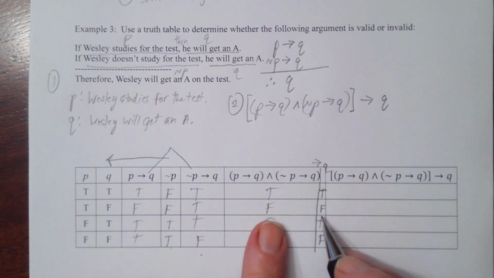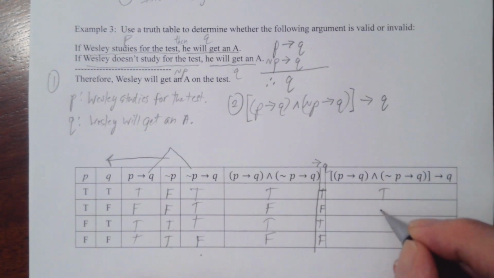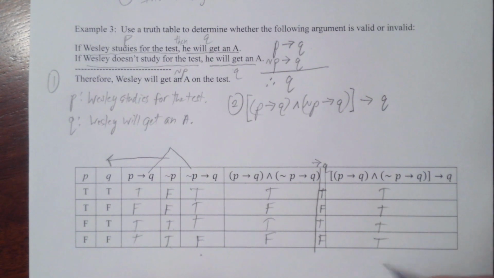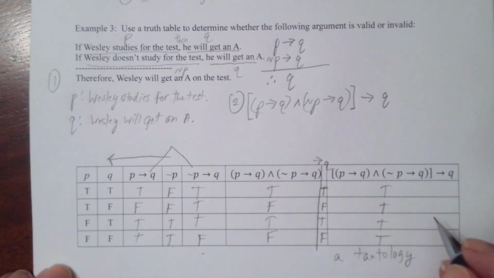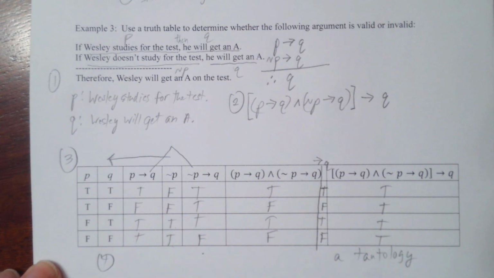So we have true, true, false, false, true, true, and false, false. Notice there's no true falses. So these are all true. So this is a tautology. And so this was step 3. And step 4, remember, we need to determine if the argument is valid or not. And so we have a valid argument here.